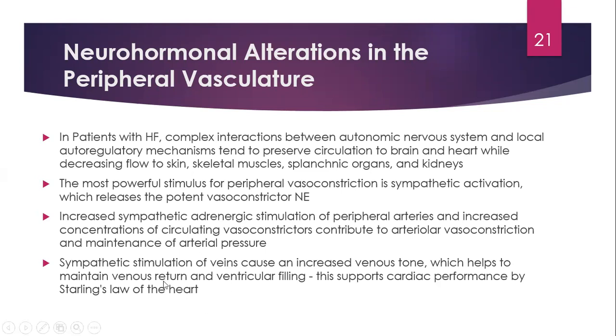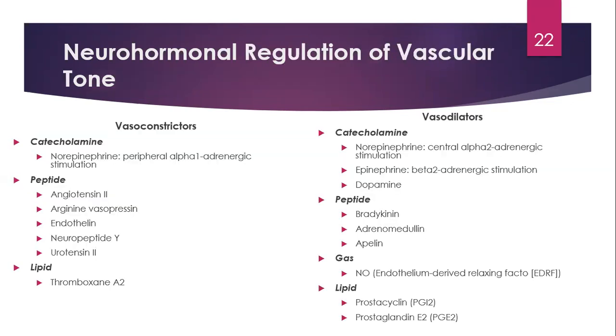But in a failing heart, with all the other effects going on, you do not end up having increased cardiac output. The Frank-Starling relationship does not work well in the failing heart. So instead of increased cardiac output, when there is sustained stimulation, you end up having reduced cardiac output.